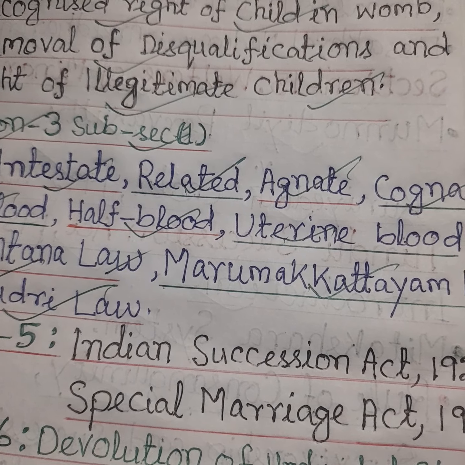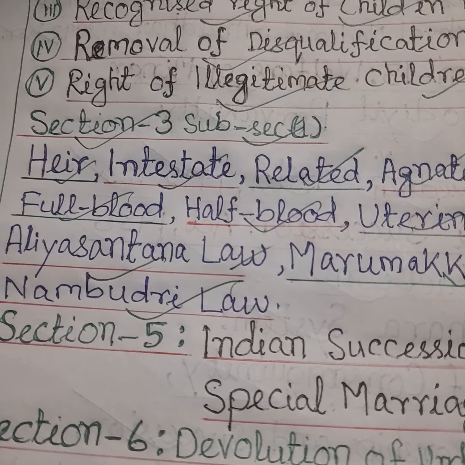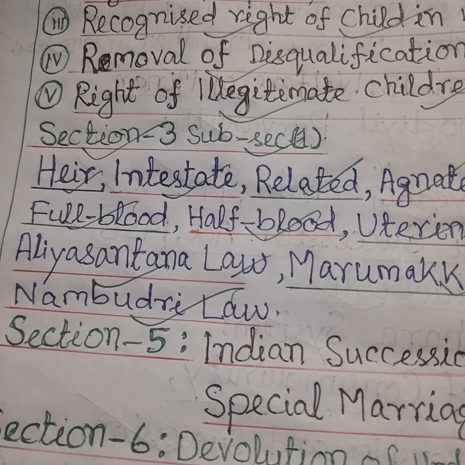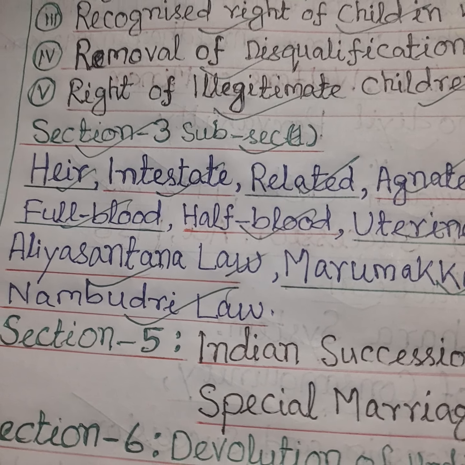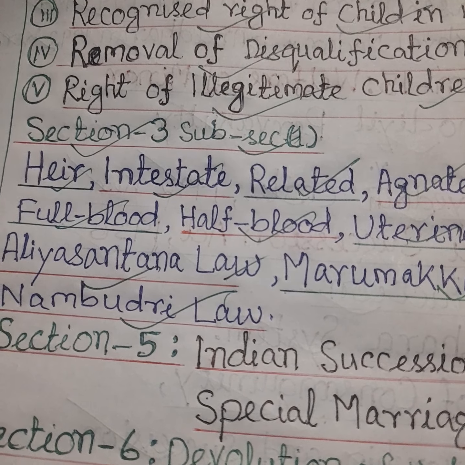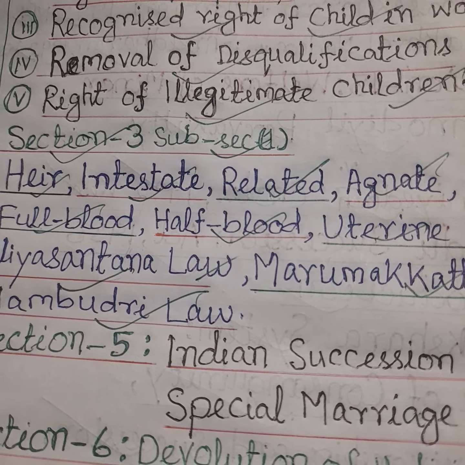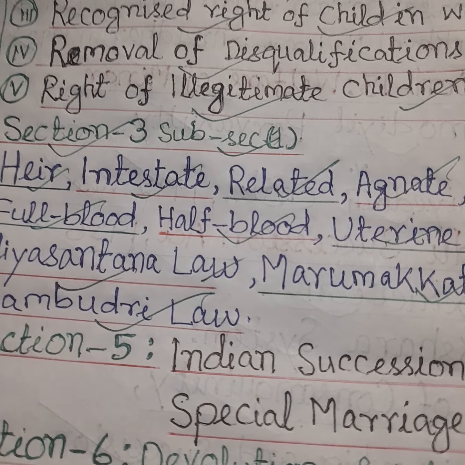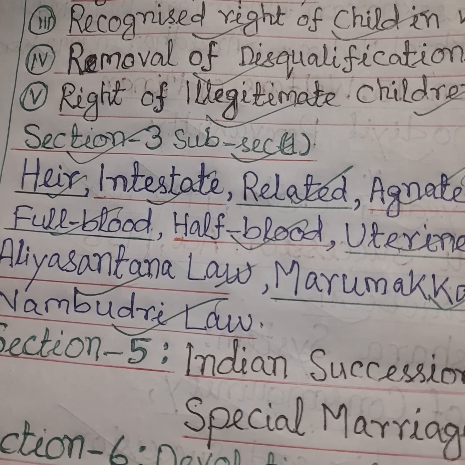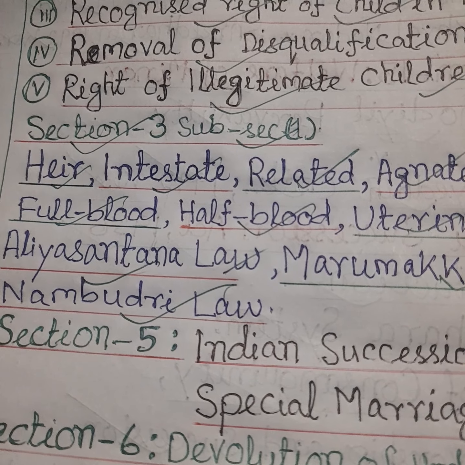Regarding full blood, two persons are said to be related to each other by full blood when they are descended from a common ancestor by the same wife. Regarding half blood, two persons descended from a common ancestor but by different wives are considered as half blood.